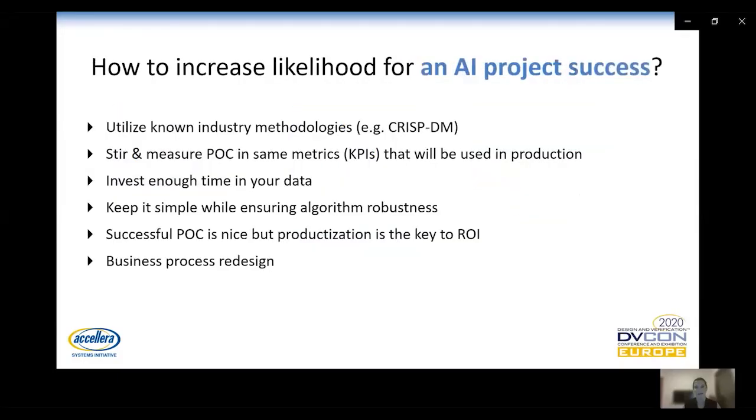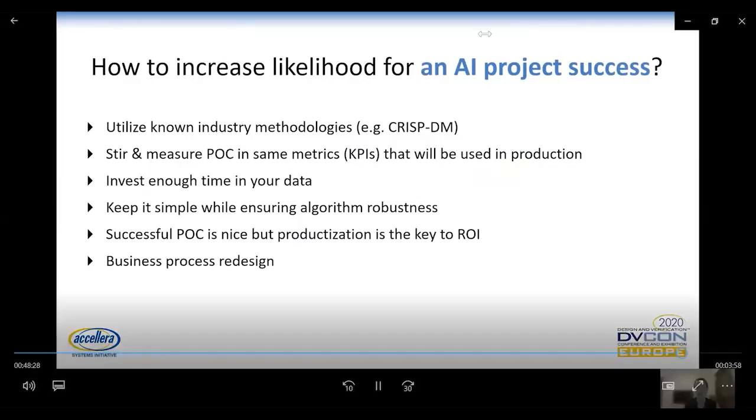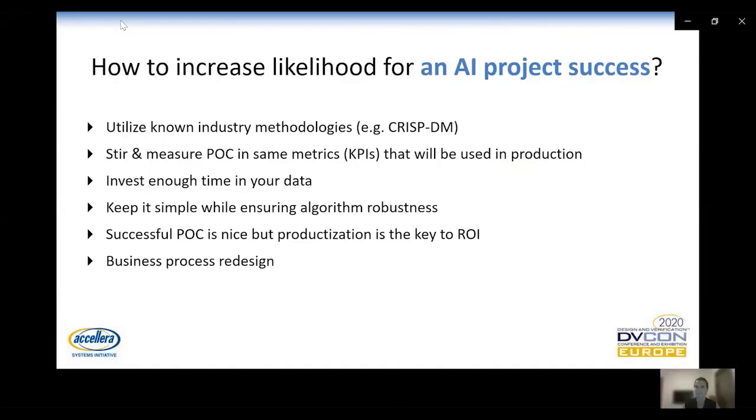So this is our last slide for today, and these are a few recommendations on some best practices that we've defined over the years that we believe are increasing the likelihood for an AI project to be a successful one.